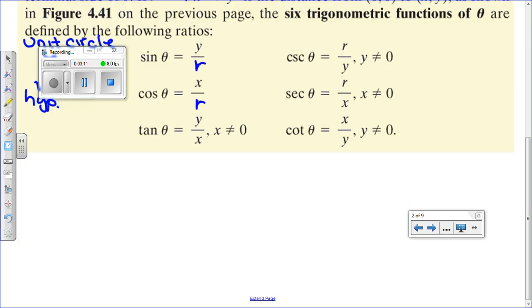For tangent, we will still use y over x, because of the quotient identity, sine over cosine. I'm going to keep using these names because I want you guys to remember them.